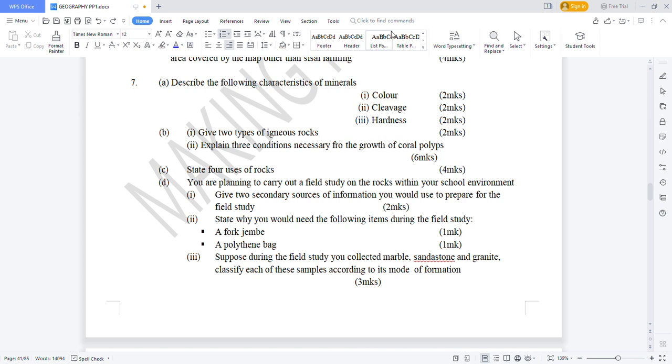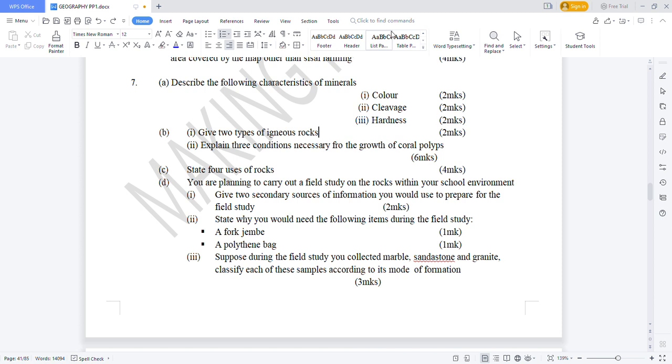Another one, store water underground. Valuable sources of minerals like gold. Then another one, rocks are used in making of artifacts.